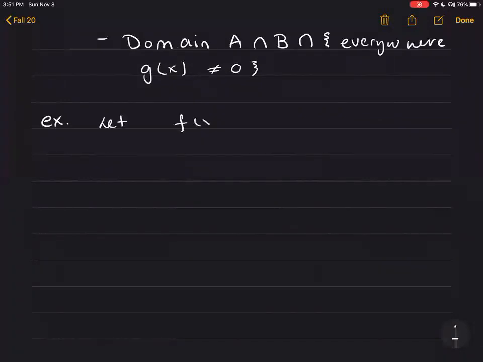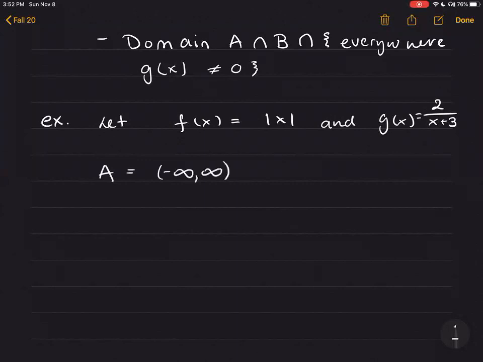let's let f of x be like our absolute value function. And let's let g of x be 2 over x plus 3. So first to note is that the domain of f, which will be A here, absolute value is defined everywhere. So that domain is the whole real line.